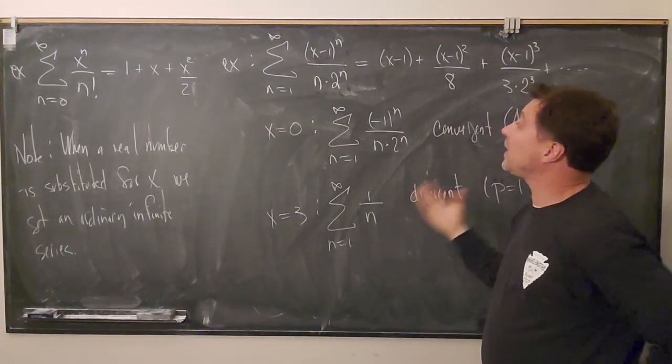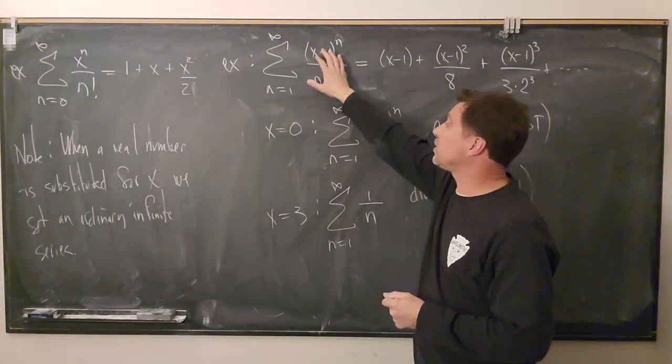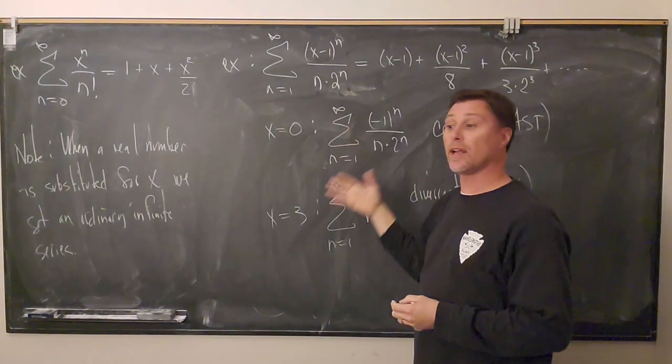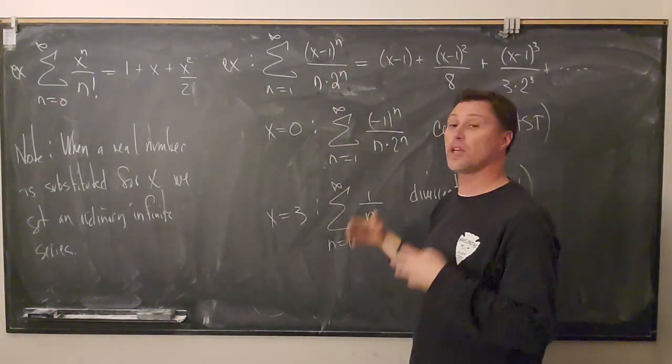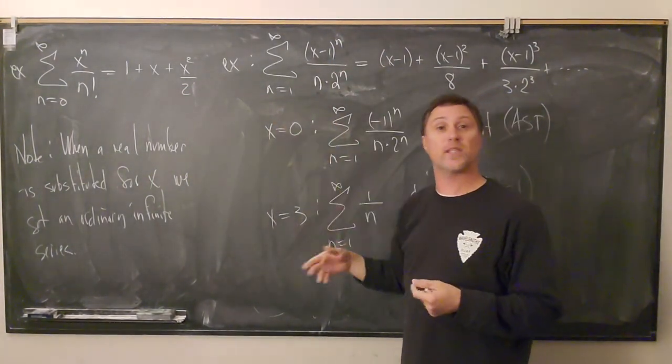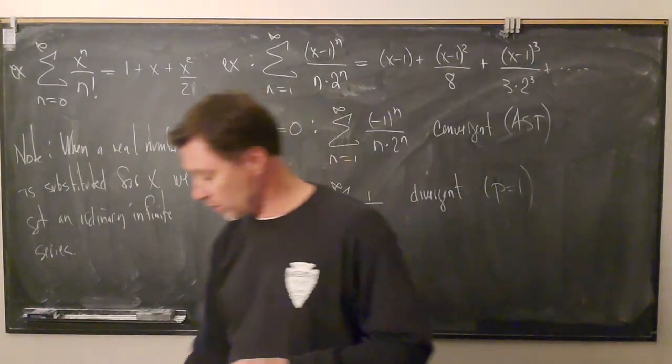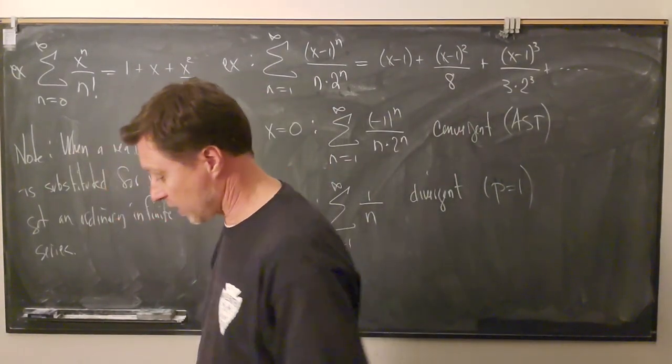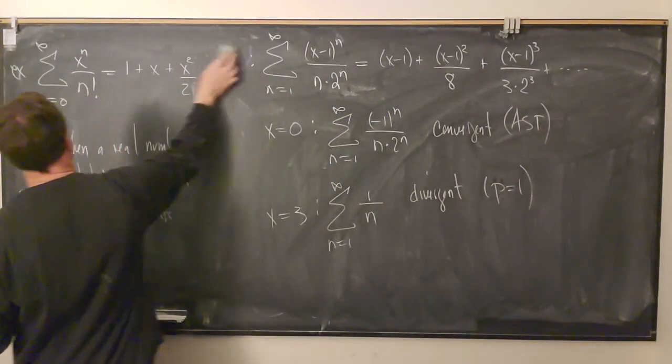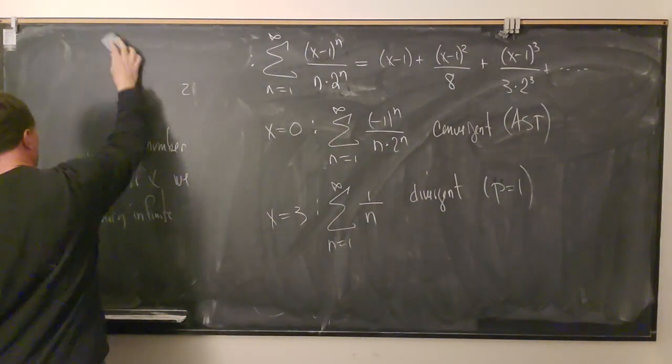So depending on the choices of x that you substitute in, you'll get various infinite series, and then you can ask the question, for what choices of x does a particular power series converge or diverge? So let's write that down. Here's our general question.